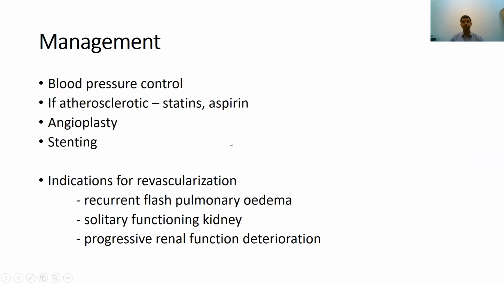And sometimes if these patients develop complications, which I have mentioned here as the indications, like flash pulmonary edema, or if they only have one functioning kidney and that side renal artery is stenosed, or if their kidney function is declining very rapidly because of the renal stenosis, that is the time you think of revascularization using angioplasty or stenting for these patients. That is how you are going to manage a patient with renal artery stenosis.